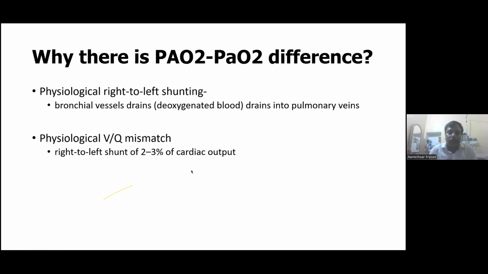This blood does not take part in gas exchange. Therefore, this again bypasses the pulmonary circulation, pulmonary gas exchange, and mixes directly into the pulmonary arteries. Therefore, there is a difference between pulmonary arterial oxygen tension and pulmonary alveolar oxygen tension. And alveolar oxygen tension will always be higher than pulmonary arterial oxygen tension.